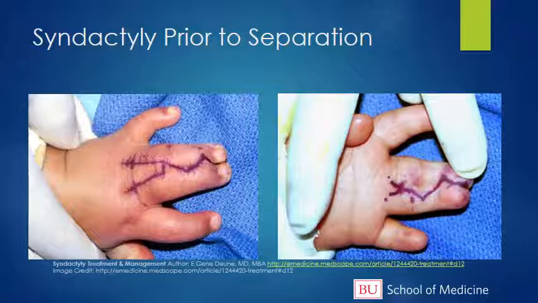Here, we see an example of syndactyly being repaired operatively. Here we see the back and palm side of the hand with significant syndactyly, and we see that the surgeon has drawn out the lines over which they're going to make their cuts to separate these digits.